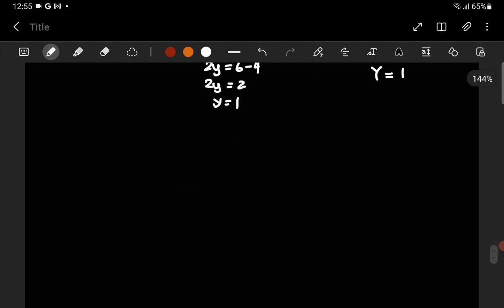And then what else? Okay, if I have, for example, 3x plus 2y minus 1 is equal to 0, then I ask you, what is the gradient where the line intercepts the y-axis?